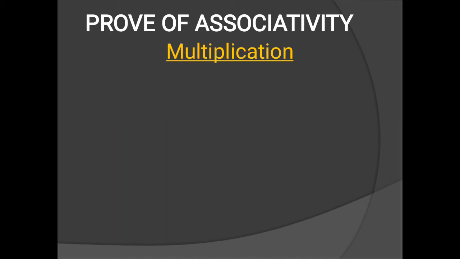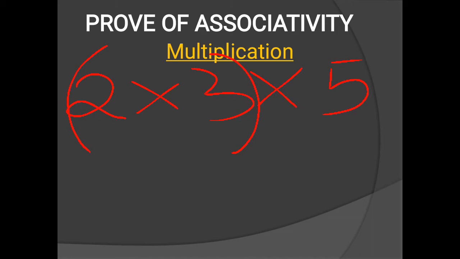Now multiplication is also associative. 2 times 3 times 5. If I group the first two, 2 times 3 is 6. 6 times 5 is 30. All right, we had 30. Let's have it in mind.